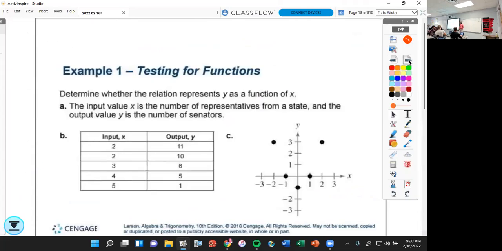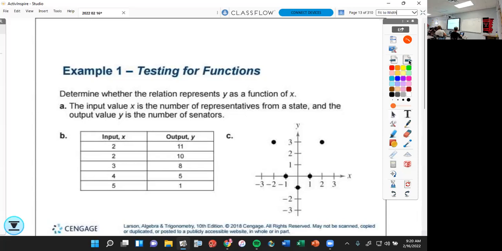So determine whether the relation represents y as a function of x. Letter A. The input value x is the number of representatives from a state, and the output value y is the number of senators. Is that a function? Yes. Why do you say yes?